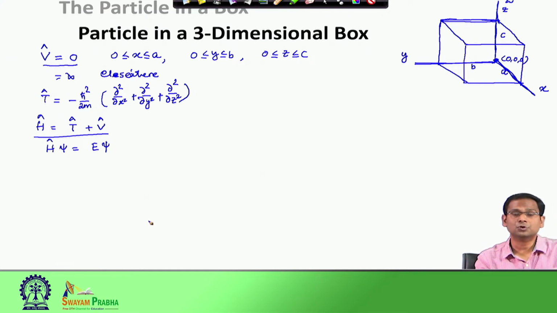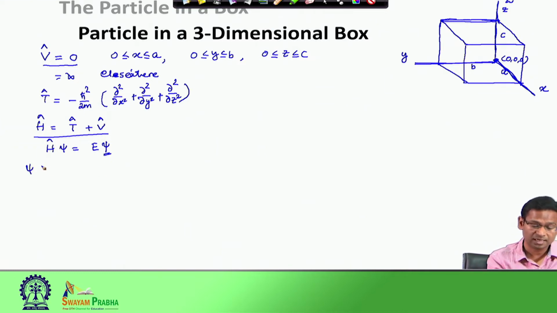If you remember the solution of the particle in a one-dimensional box, the wave function psi was a function of x alone, because the particle was restricted to move only along the x direction. But here, since the particle can go around all three dimensions in this cuboid, the wave function psi will have a functional dependence on x, y, and z.